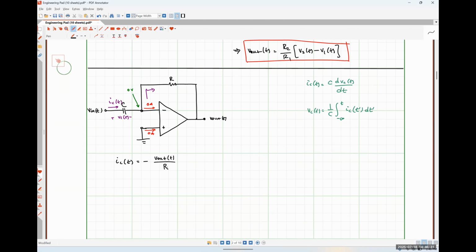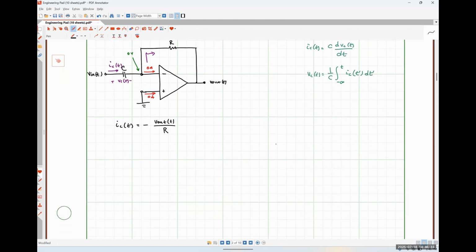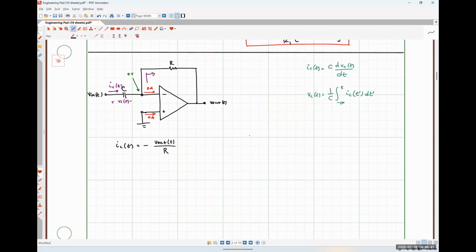All right, so why is it, Trevor asked, why is it negative? So on the right-hand side, it's negative because we have 0 minus V out. So the current that's flowing up and to the right through our feedback resistor starts at this node right here, which has a voltage of 0.